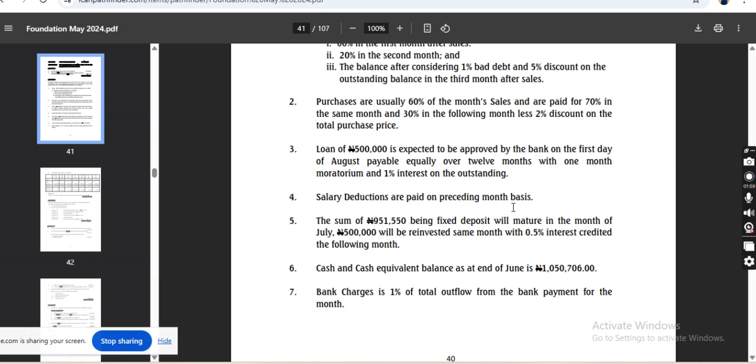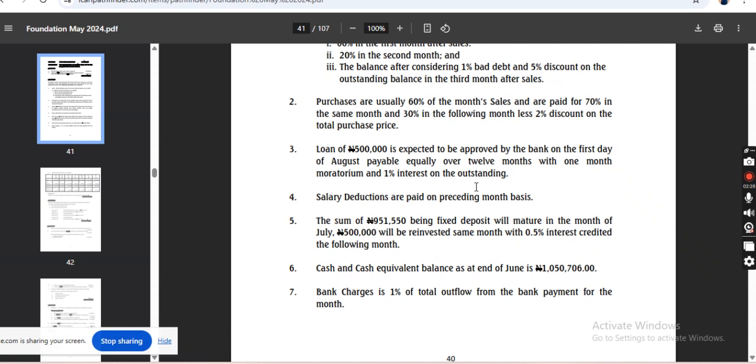Now, in the part of the purchase, where is the purchase? The purchases are usually 60% of the month's sales. We've done that. And they are paid for 70% in the same month and 30% in the following month, less 2% on the total purchase price.